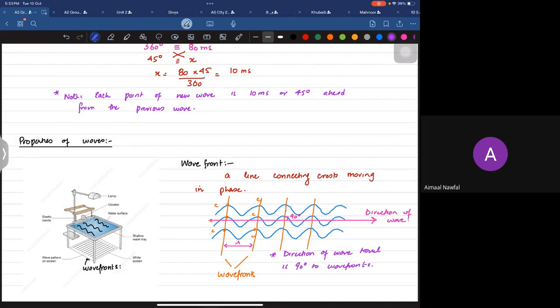Remember that. The next point is that the distance between two successive wave fronts is wavelength. Write these two points, all right? If you have any questions, do let me know.